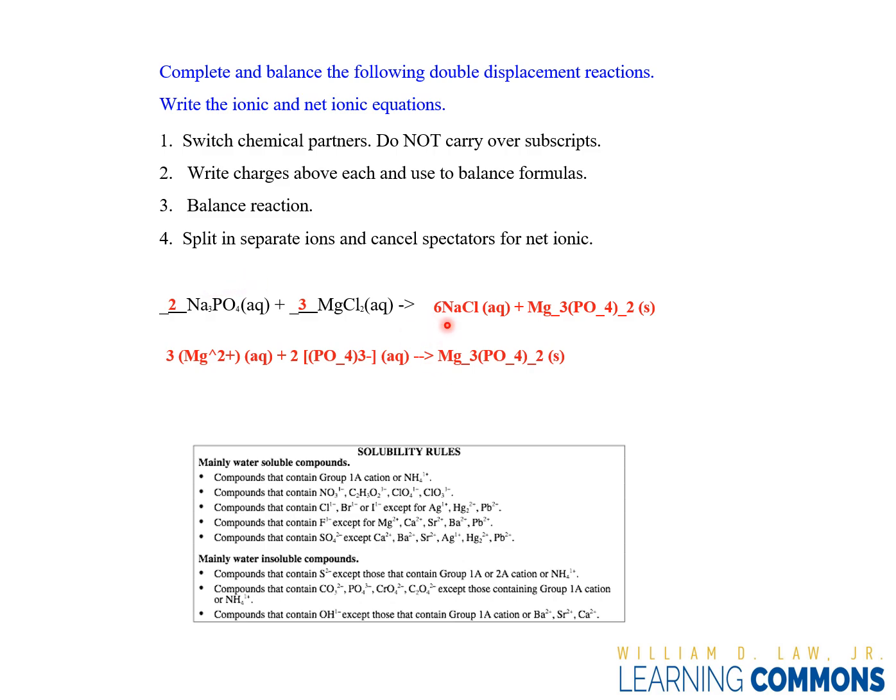If I add the 6 here and I add 2 here, the sodium becomes 6 here, and sodium also becomes 6 here, plus if I add the 3 in this magnesium chloride, the chlorine becomes 6 from this part, and it is equal to the product, where chlorine becomes 6 on this side. If I go back, I check sodium 6, chlorine 6, and chlorine 6 is here, and sodium 6 here. I am done with the chlorine and the sodium.